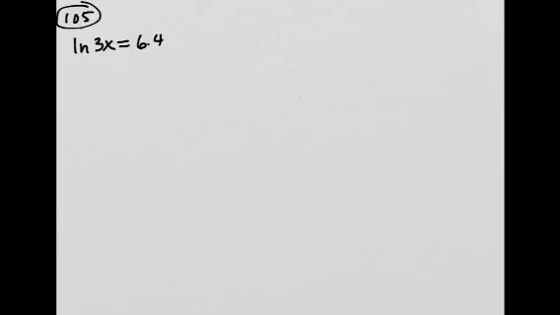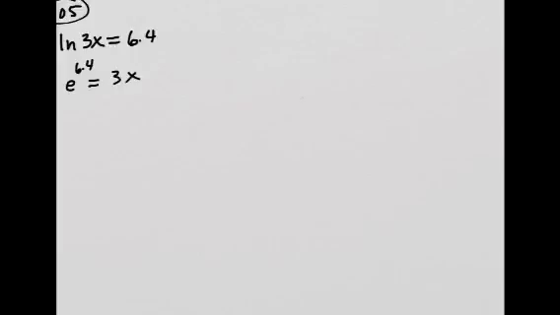Alright, so now it's going the other way, that we have logarithmic equations that they want you to solve. So you could exponentiate both sides of the equation, but I usually just switch it over to exponential. It's in log form, I'm going to switch it over to exponential. With natural log, the base is e. So e to the 6.4, because that's the exponent, equals 3x.